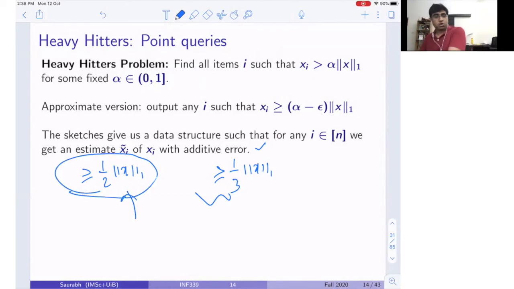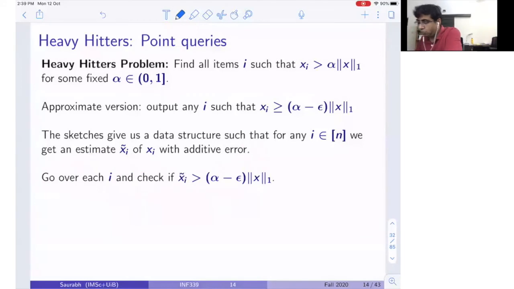You will output more things for sure, but you will definitely be outputting what I wanted, right? So you compensate by asking yourself for an approximate version. You set your epsilon accordingly. Okay, give me all those elements whose frequency is at least alpha minus epsilon times the norm of x 1.